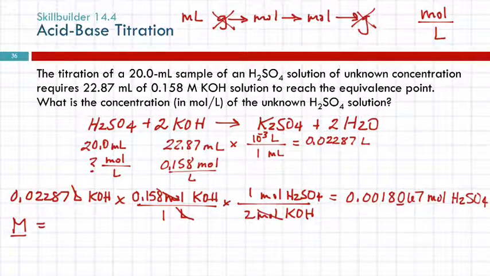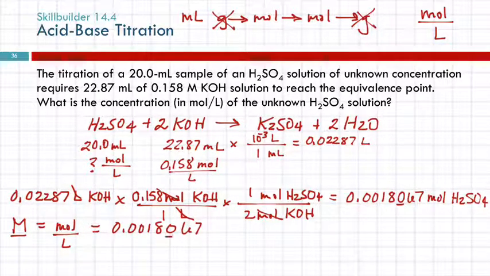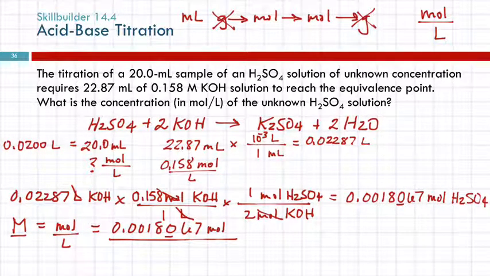What's the concentration in moles per liter of that solution? So here's my moles, 0.0018067 moles of sulfuric acid, and I need to divide by the volume of sulfuric acid in liters. So that's going to be 0.0200 liters.